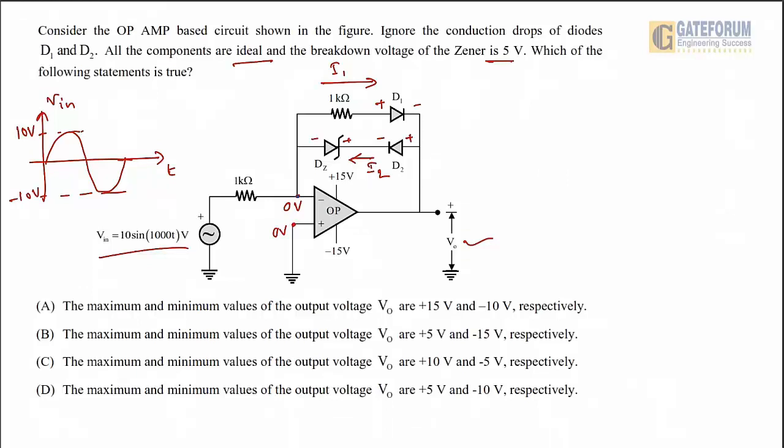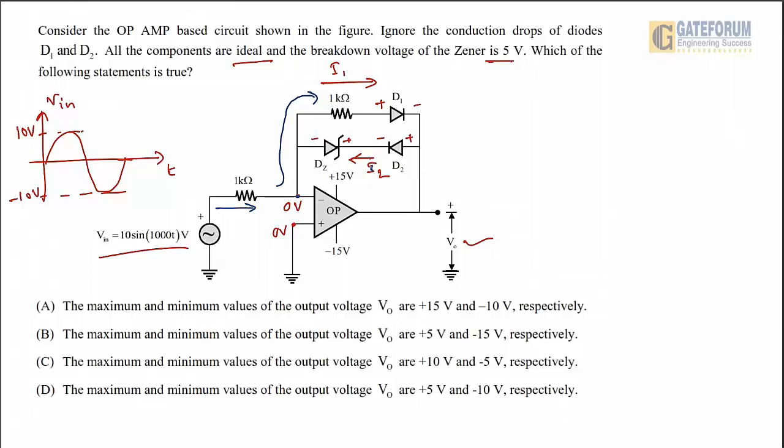As per the virtual ground concept, this inverting node potential is 0 volt. So whenever this V in is positive, current is flowing in this direction. It means this current will follow the path of D1, and it is not going through D2 or the zener diode, because if D2 and DZ were conducting, current should flow as I2, and this is not allowed in this circuit.